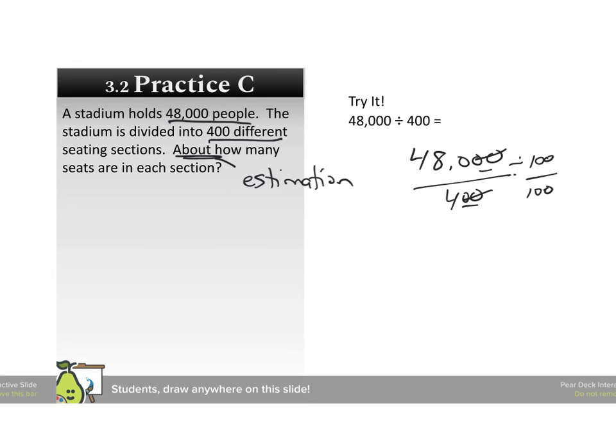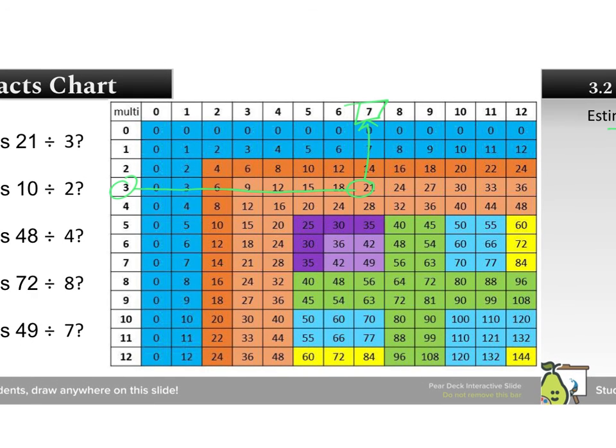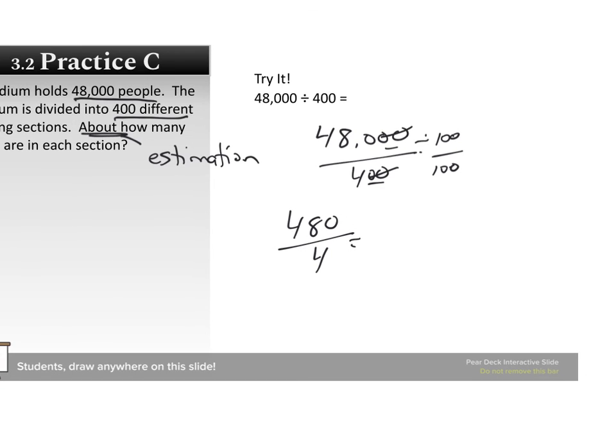That would take off those two, so 480 divided by 4. 48 divided by 4, if I go back to my chart, 4 goes into 48, it's going to be 12. So 48 divided by 4 is 12, but I still have a 0, so 480 divided by 4 is 120.